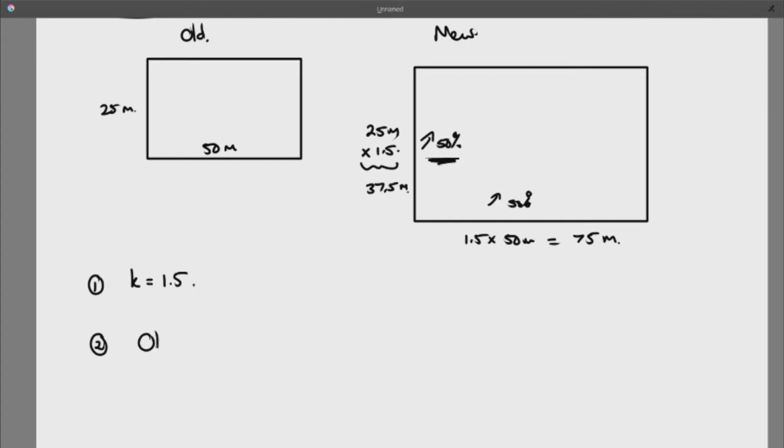So my old area, the area of a rectangle is the length times the width, 50 meters times 25 meters. And I get something that you get.